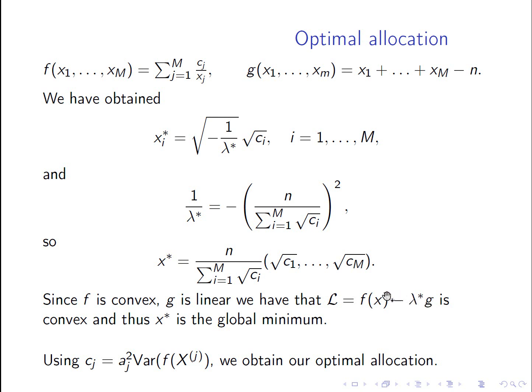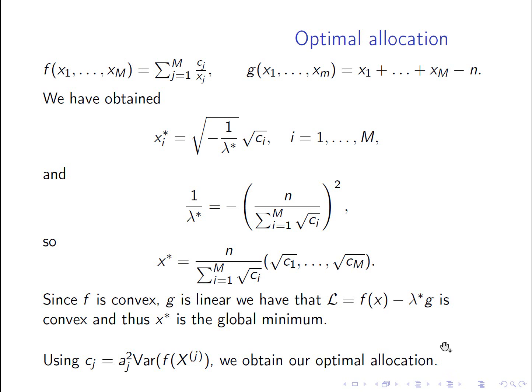So we have f is convex, this is convex, and the sum of two convex functions is convex. So our x star here is actually the global minimum. And all that remains to do is to replace the cj's by aj squared times the variance of f of xj. And so we obtain our optimal allocation by this Lagrange minimization procedure.